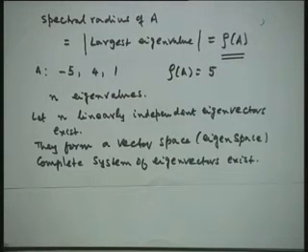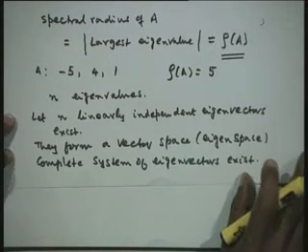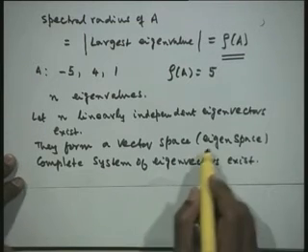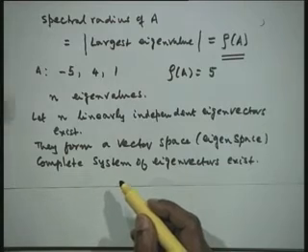Now, the importance of this is that we are going to use this concept in constructing numerical methods for finding eigenvalues. In the solution of eigenvalue problems we need an initial approximation for an eigenvector.